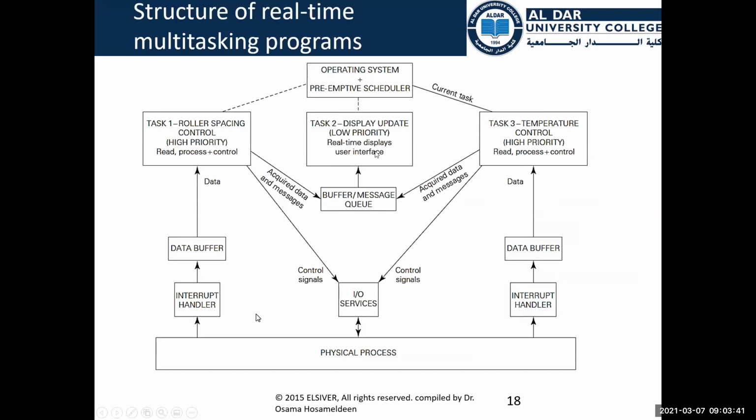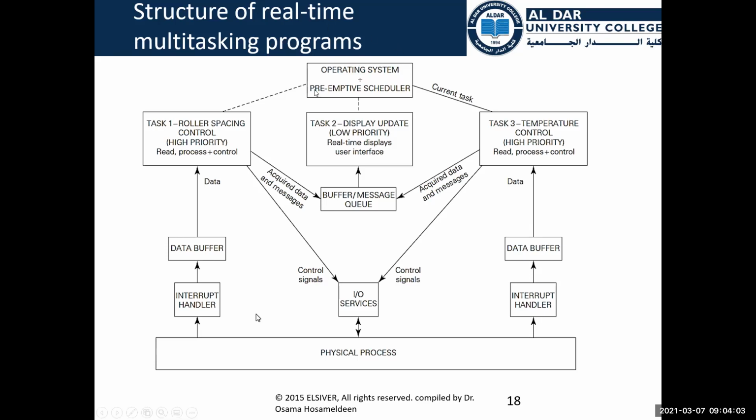And we have task two here, which is important too, which is displaying data about the temperature and about the thickness. So this is measuring temperature, and this is measuring thickness, and task two is displaying that data.